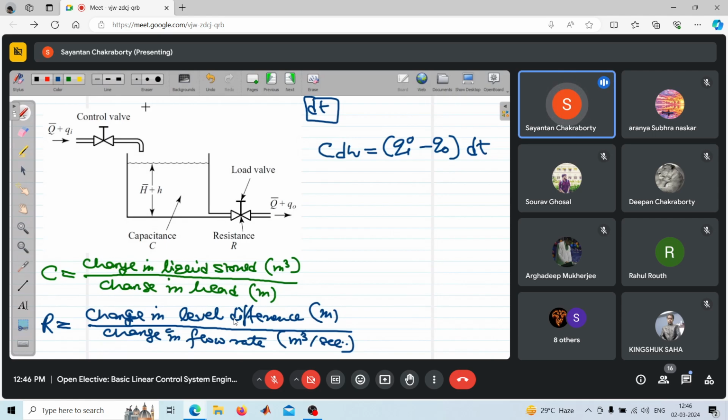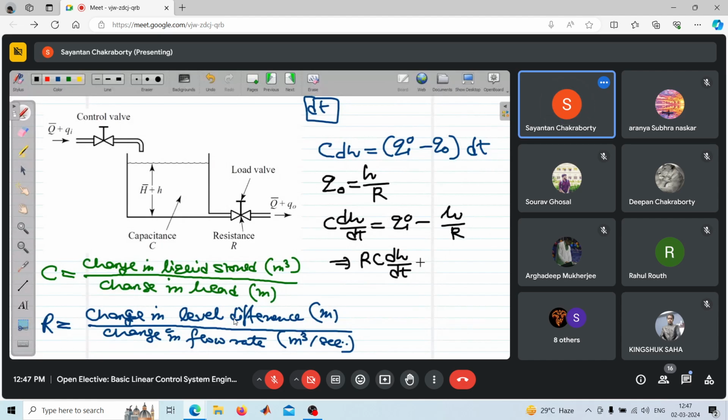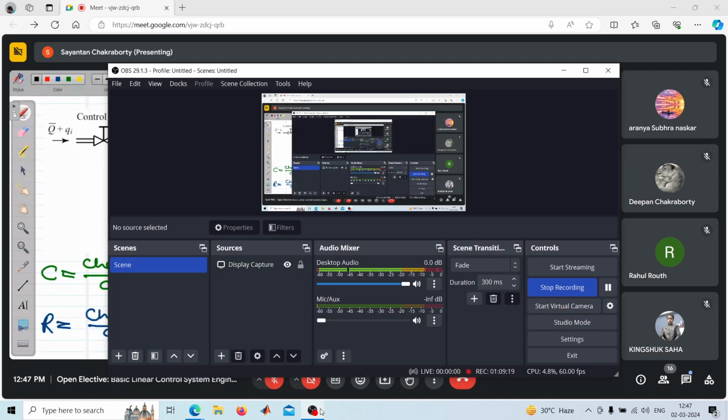Right? So, based on the definition of resistance, we can write Q0, the incremental increase in the outlet flow rate, is equal to H by R. So if we put it over here, C dH/dt is equal to Qi minus H by R, multiplied by R. So RC dH/dt plus H is equal to R Qi.